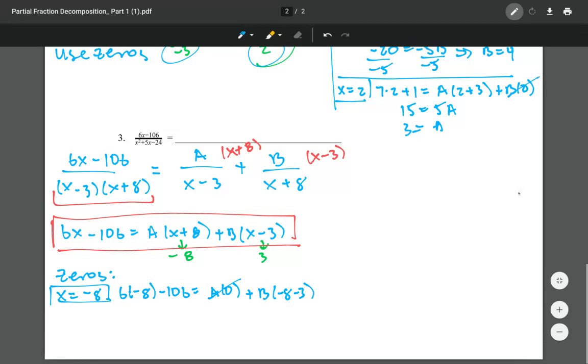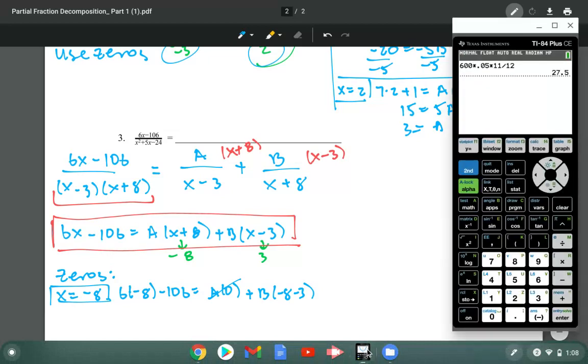I need 6 times negative 8, so I'll grab my calculator. 6 times negative 8, minus 106, is negative 154.